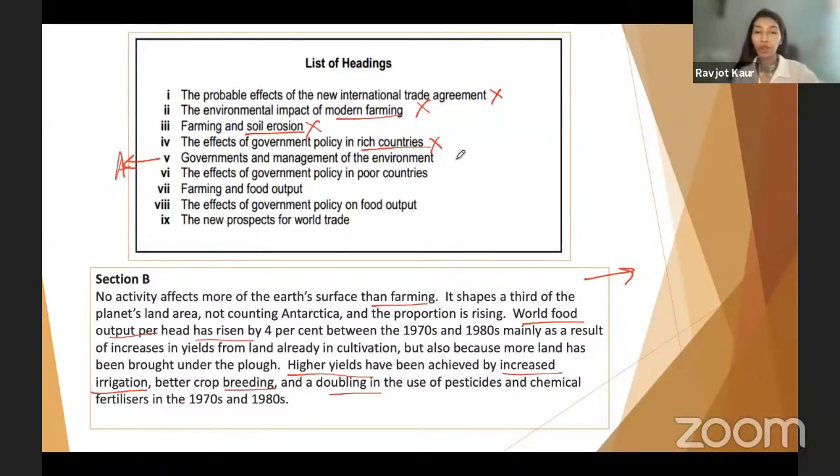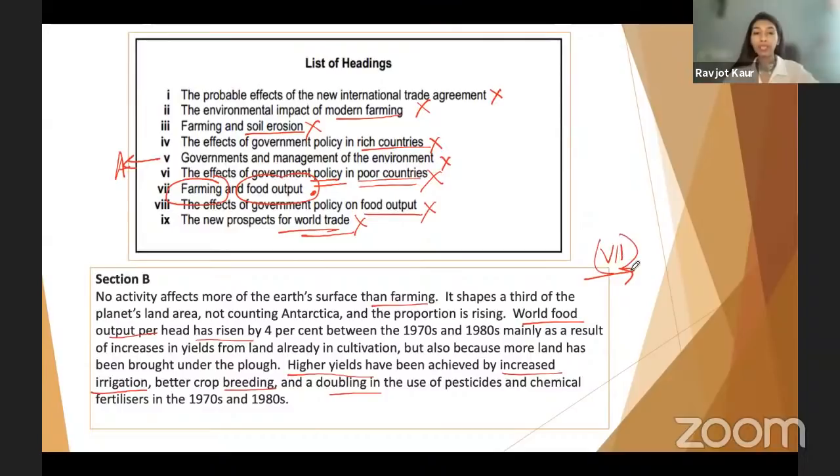Governments and management of the environment, no. Effects of government policies in poor countries, nothing related to it. Farming and food effect, yes. What about effects of government policy on food output? No, they are not talking about government as such. Basically, the main idea is about farming and food output. The new prospects of world trade, nothing related to it. So the answer to this would be 7th.